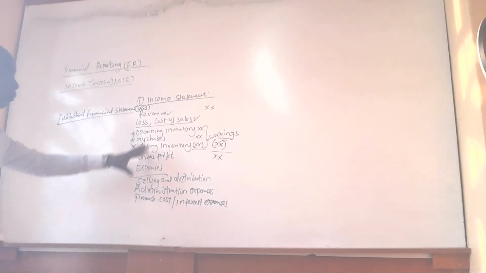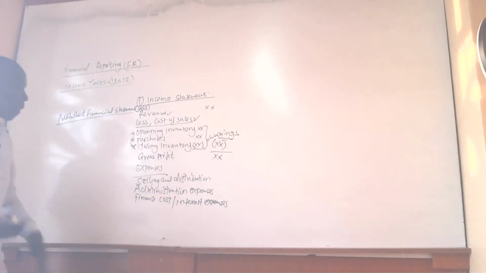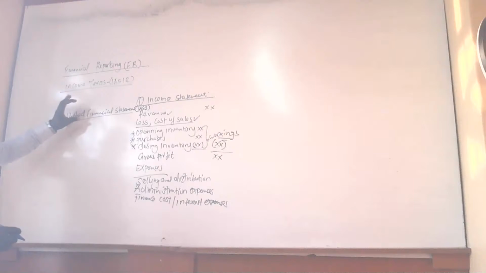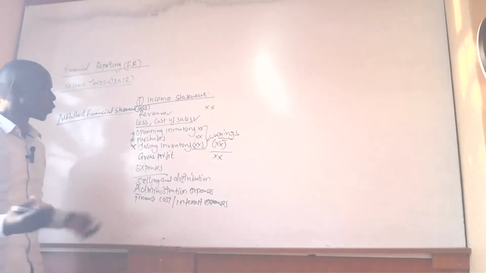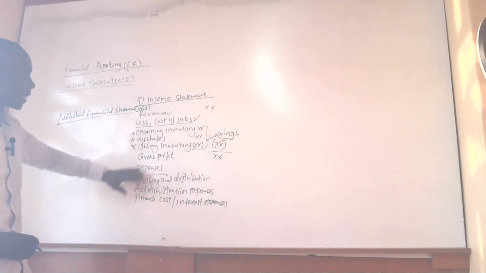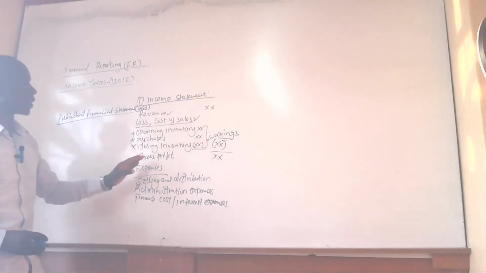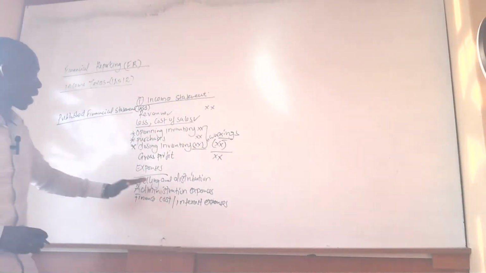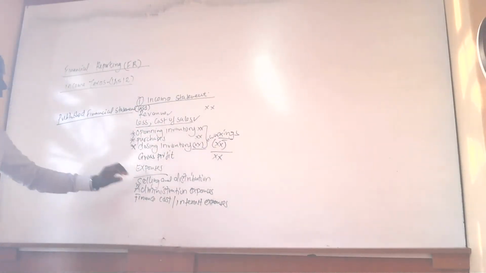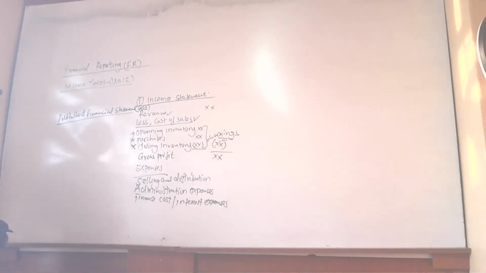You are supposed to put all of them as expenses. But here, when you are presenting those information under the published financial statement, you will look at expense, and then you classify that expense under these categories. That is the cost of sales, we have the selling and distribution, administration expenses, finance cost, interest expense, etc., etc.